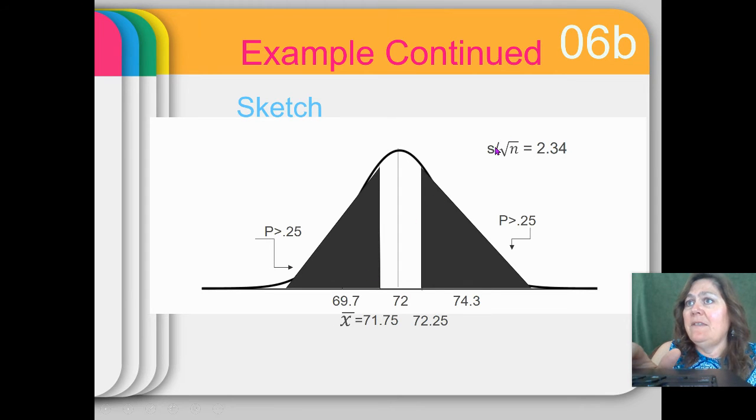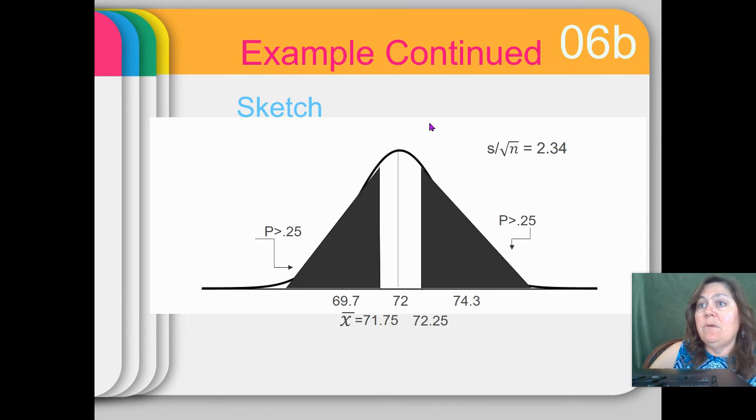I did calculate that standard deviation of S divided by square root of N is 2.3-ish. So I went 2.3 on each side. I had a line there, but it got covered up by the shading that I had to try to fit in here just now. And then you just put P is greater than 0.25 on each tail, or you could have had above it, P is greater than 0.5 and show the arrows going to both sides.